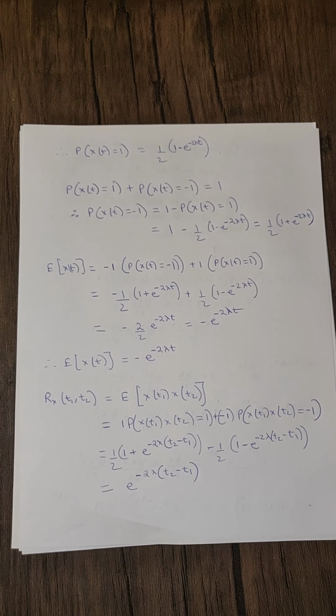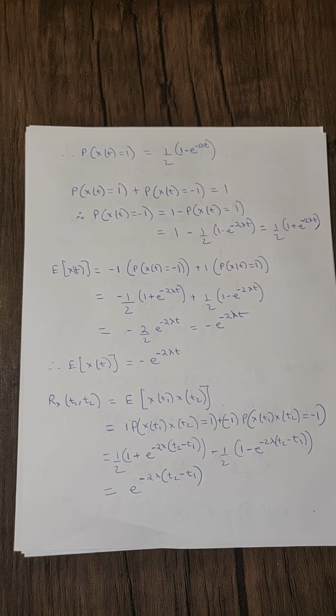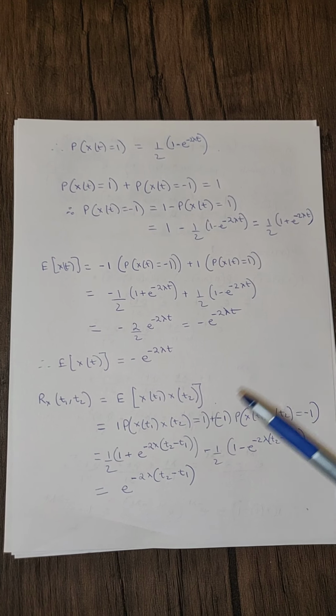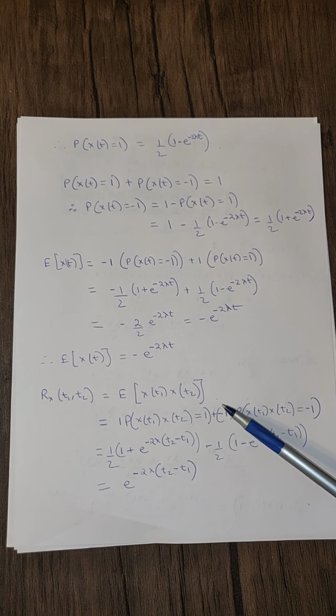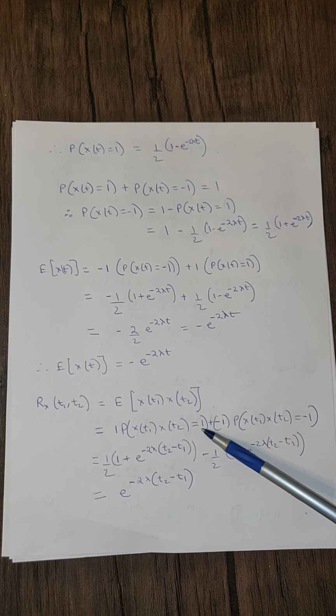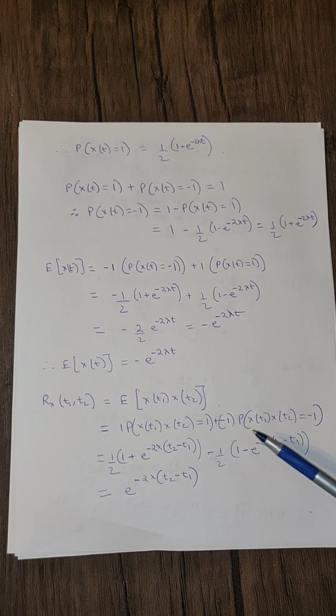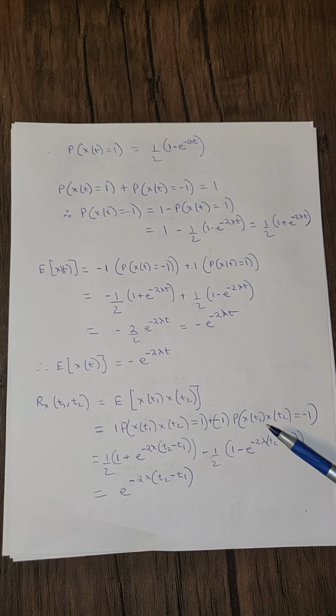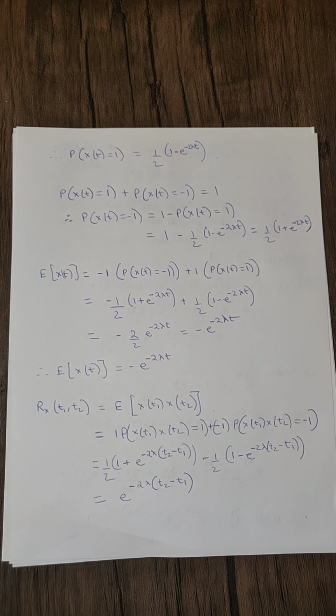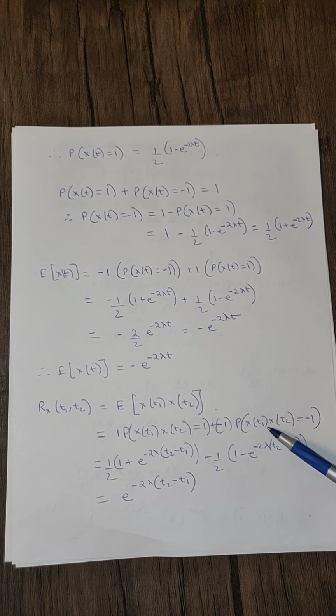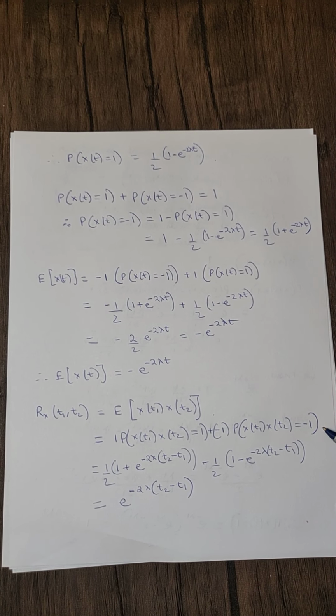Within the duration t1 to t2, if the number of events is even, then the product X(t1) X(t2) equals 1. And similarly within the time t1 to t2, if the number is odd, then the product equals minus 1.